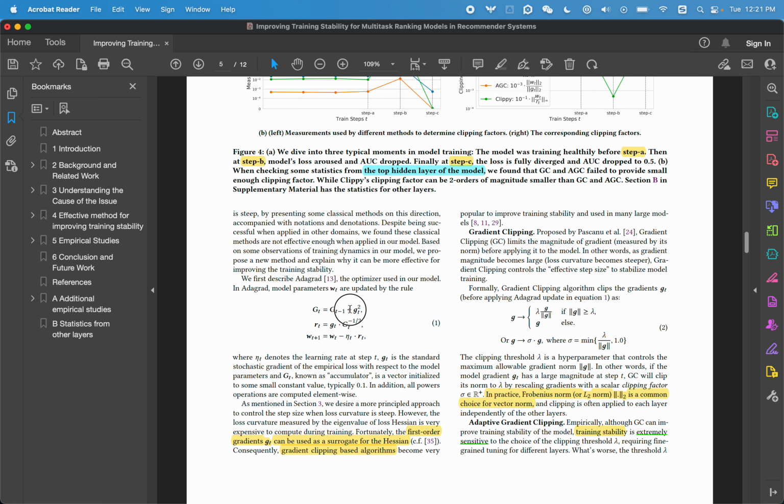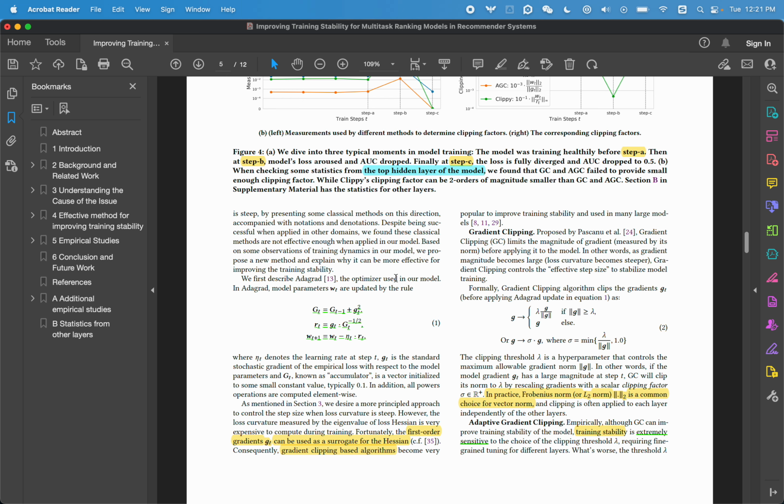Every time you have gradients, you square them and put them into the accumulated pool of gradients. This minus means dividing by the square root of the accumulated gradient. This is the update times eta, the learning rate, which is how you update the weights from w_t to w_t+1.